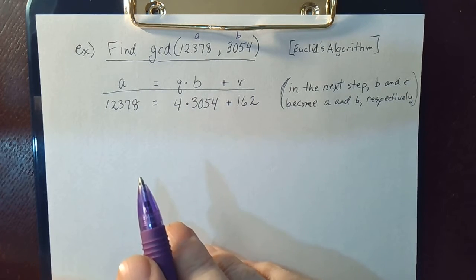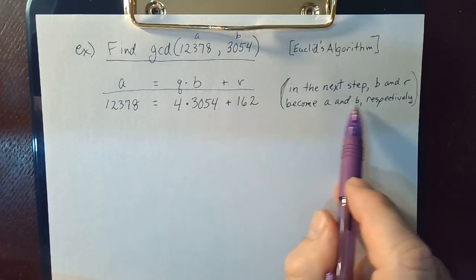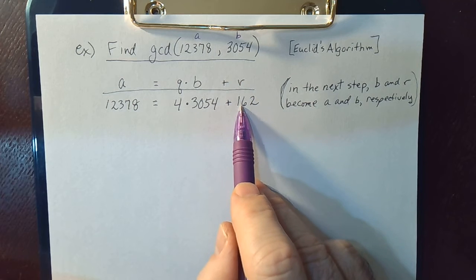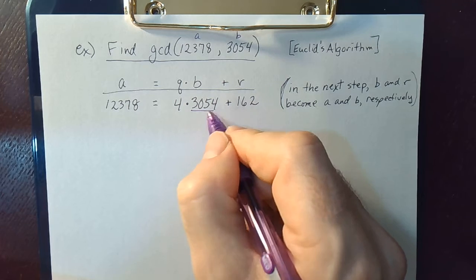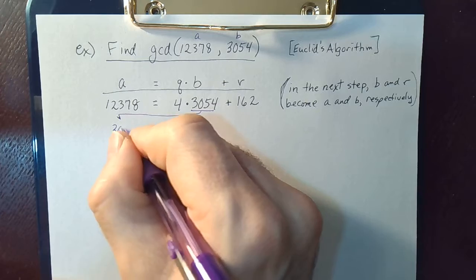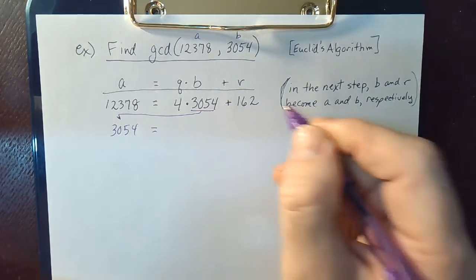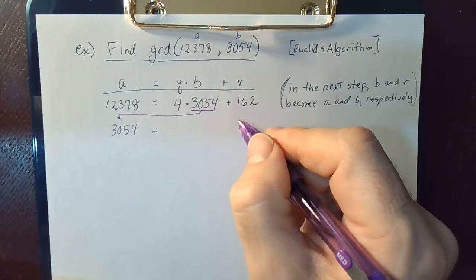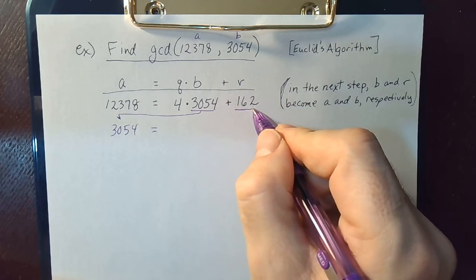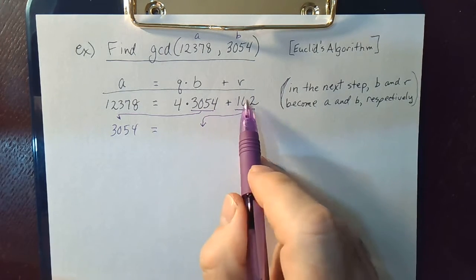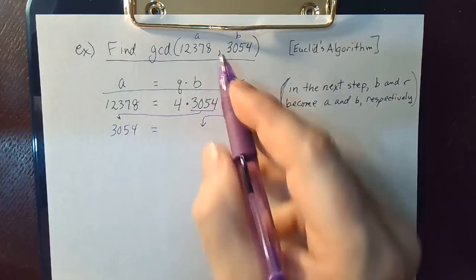Now we're going to do it again, only the existing B and R are going to become our new A and B. So I'm going to take this number and put it right here. 3054 is equal to, and if I put 162 right here, you can see the B and the R are becoming the new A and the B.